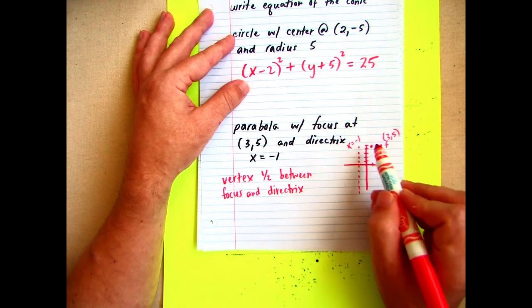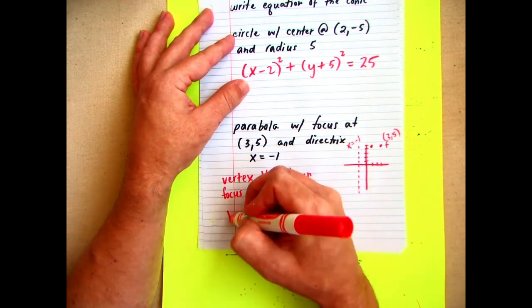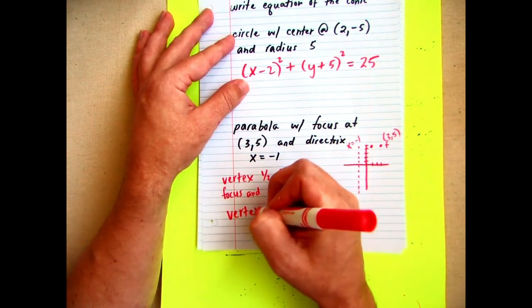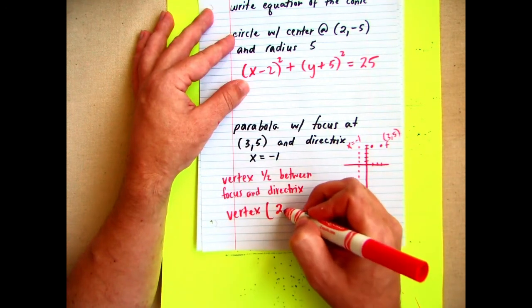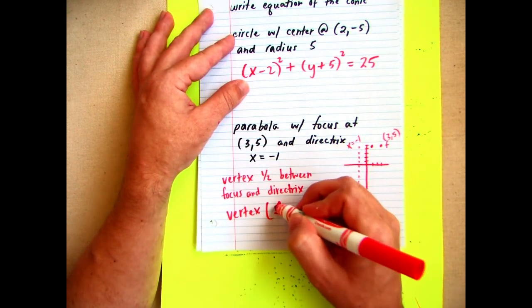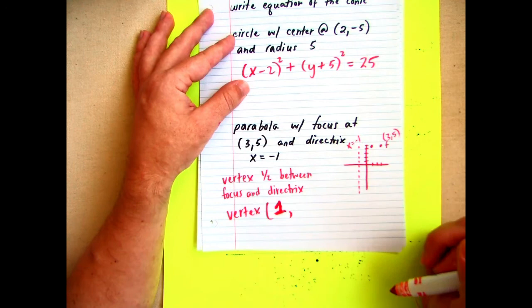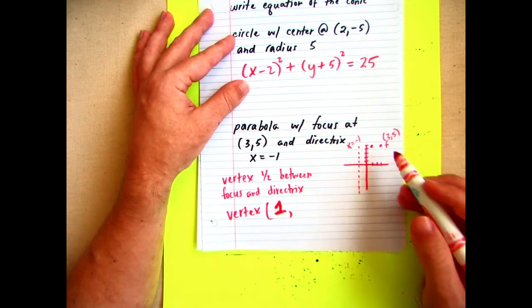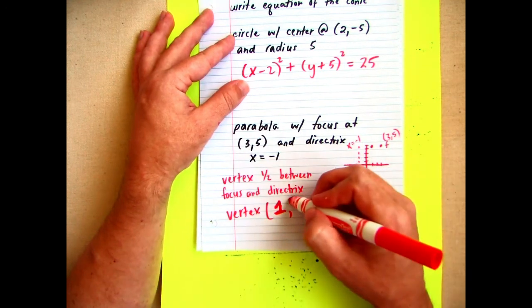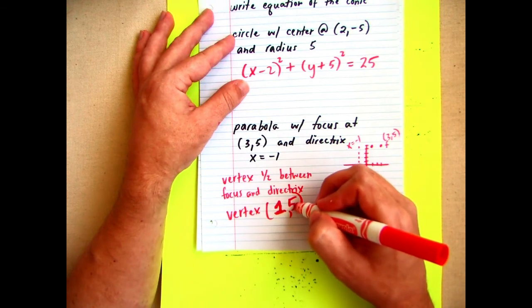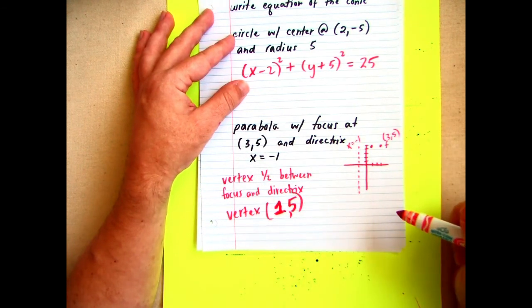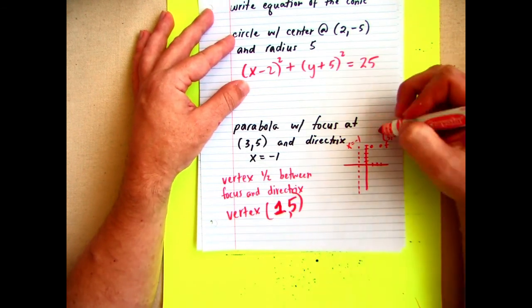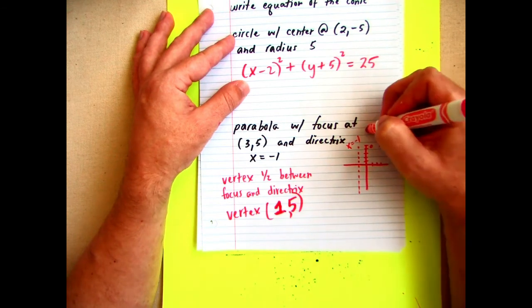Well, that value is 2. I'm sorry, 1. It's 2 units left or right of 1, but the middle of -1 and 3 is 1. So that's going to be the x-coordinate of my vertex. So I now know my vertex is at (1, 5).